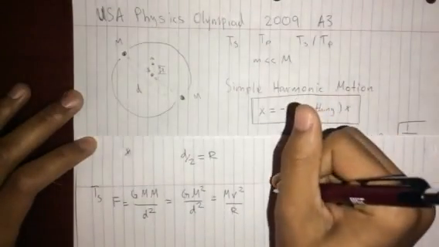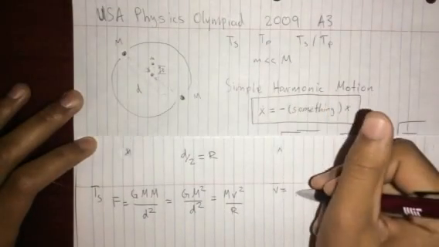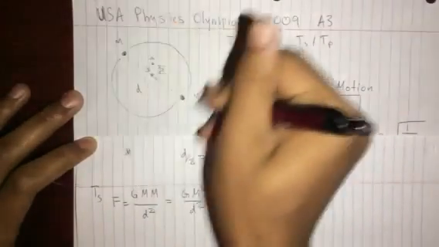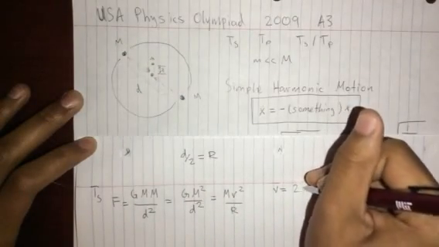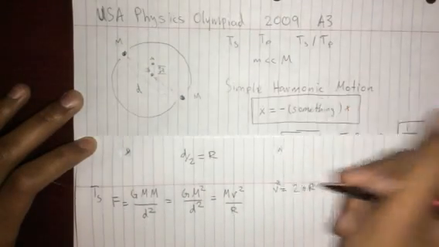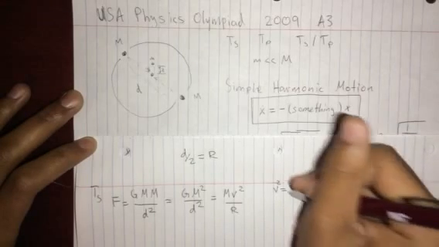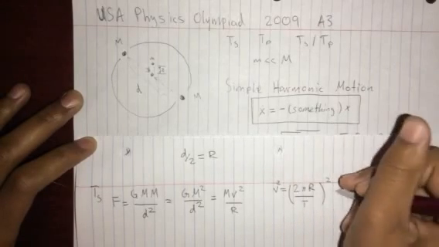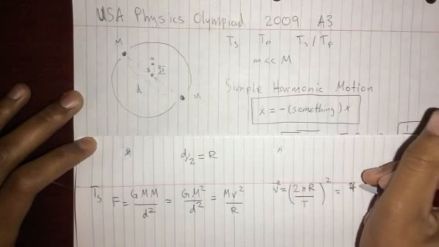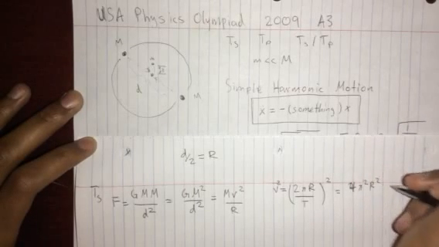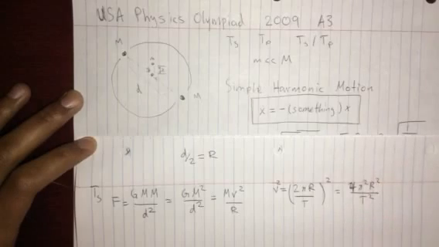And what is v? How fast are these guys going? Well, v is the total distance over the time, or the period. So v squared is 2 pi r over T squared, which is 4 pi squared r squared over T squared.